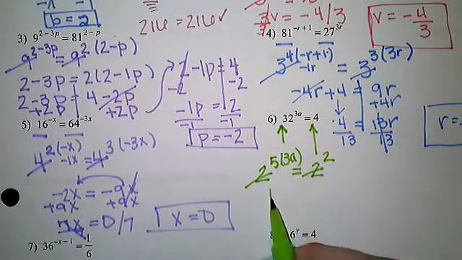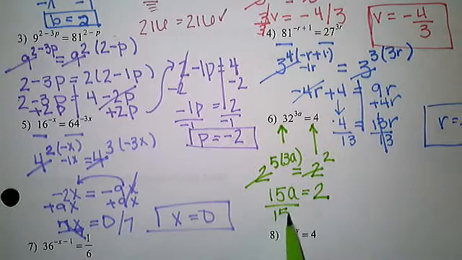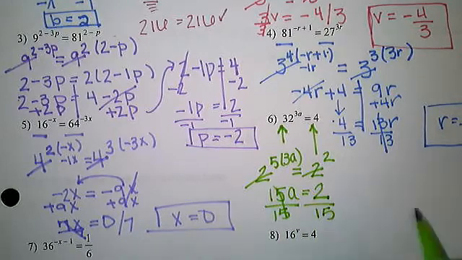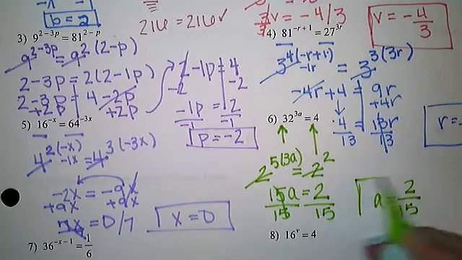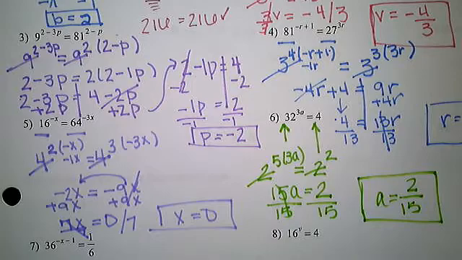So 5 times 3a is 15a. Drop our new power down of 2. Divide by 15. And we have a equals 2/15. No need to reduce or divide unless you really want to.